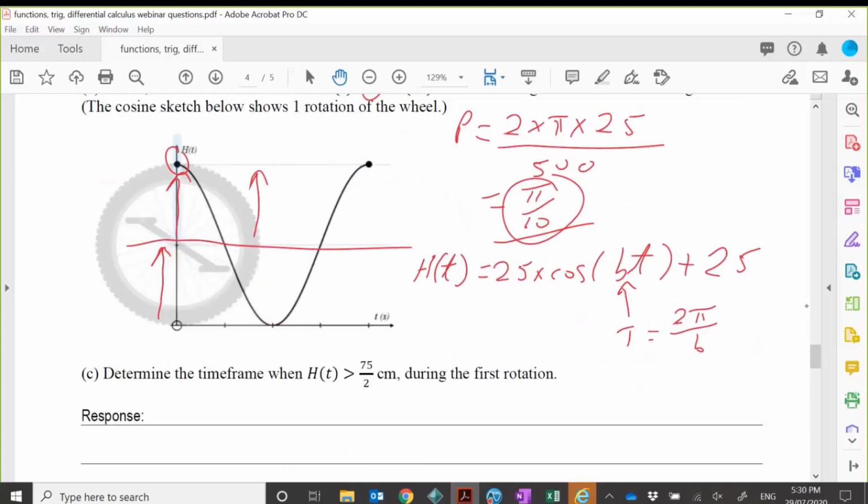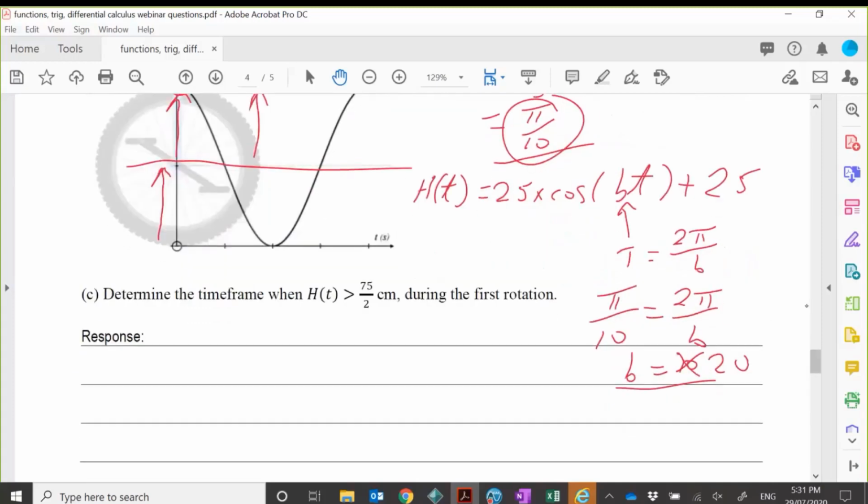So what we're trying to do is solve pi over 10 equaling 2 pi over b. You can solve that on your calculator if you need to, but basically we're going to get b equals 20, I beg your pardon, not 10. So b should be 20, because 2 over 20 gives us our 10.